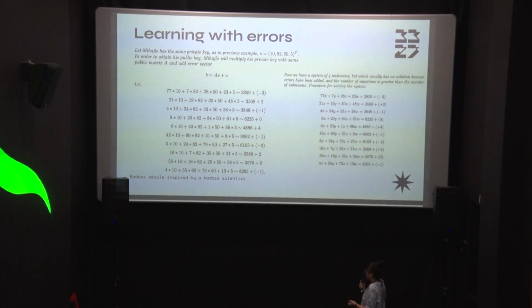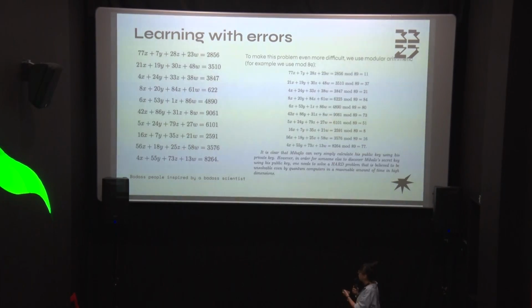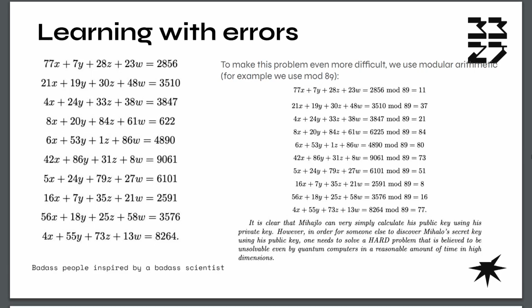So if someone wants to calculate Mihailo's new public key, this will be after we add these errors, he needs to solve this system. Now we have 9 equations and 4 unknown variables. So we will obtain this system here when we add errors. And this system here probably does not have a solution. You can try. I did not solve this. But why? Because we have here 9 equations and 4 unknown variables.